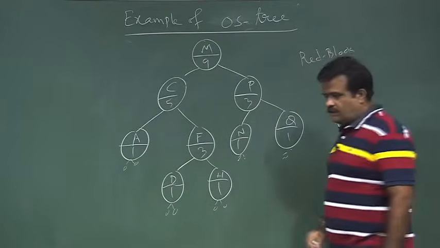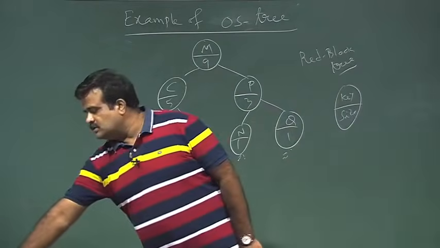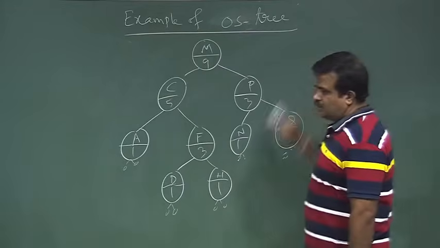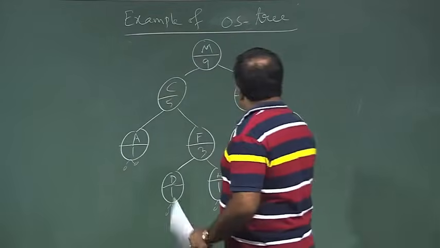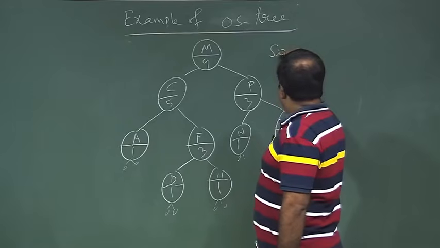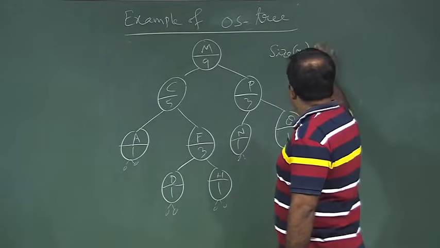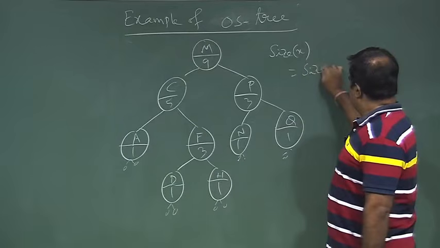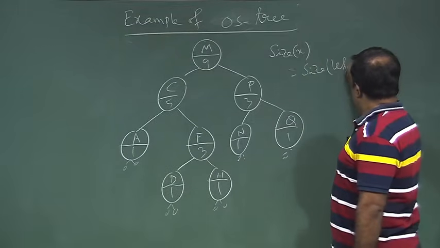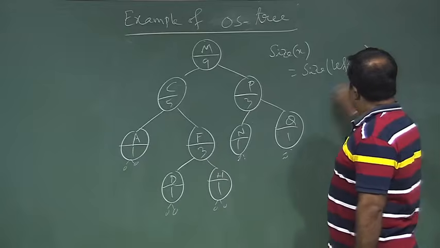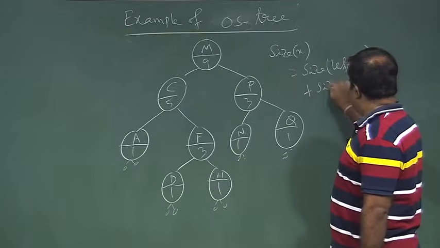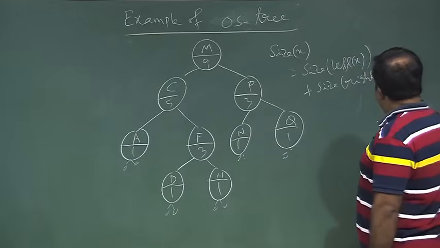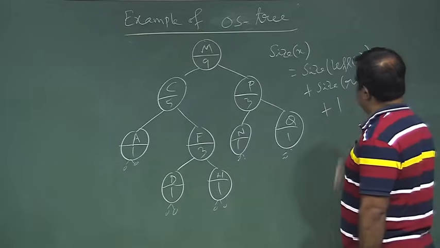So, what is the formula we are using for size? Size of a node is basically size of the left plus size of the right plus 1. So, size of x is basically size of left of x plus size of right of x plus 1.